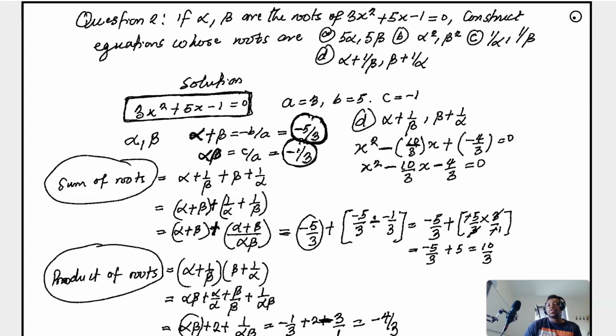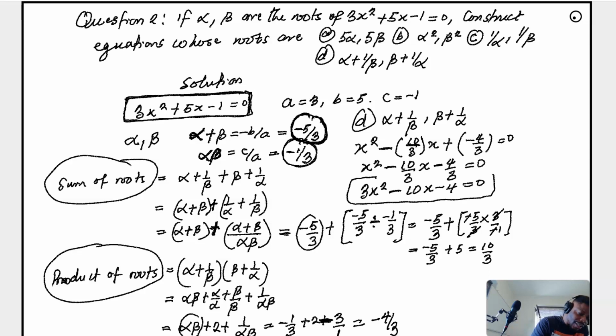You can decide to multiply through by 3. If I multiply through by 3, this will be 3x squared minus 10x minus 4 equals 0. So this is the quadratic equation given these roots.